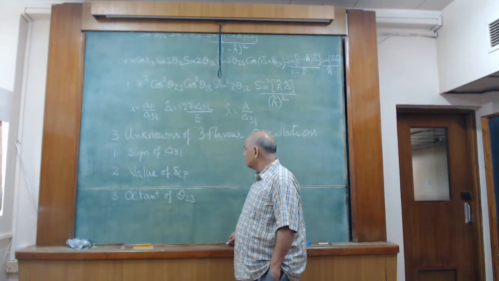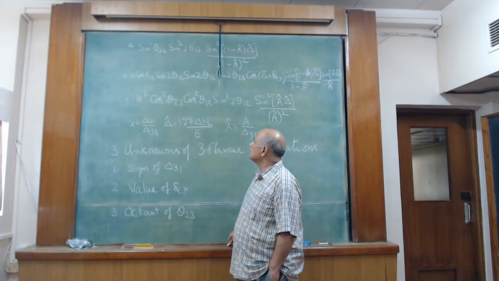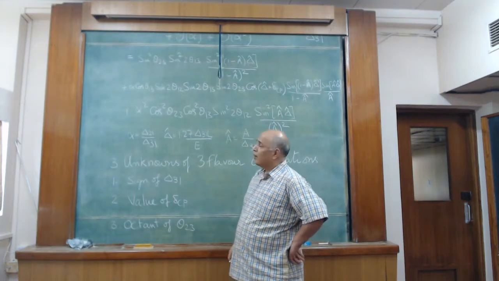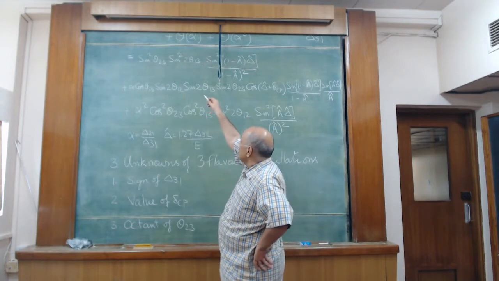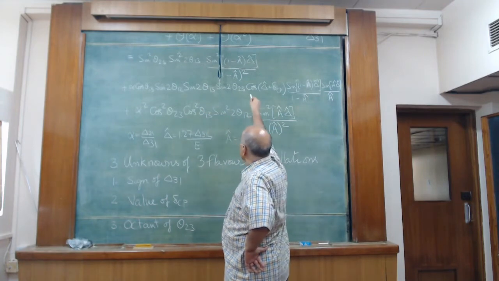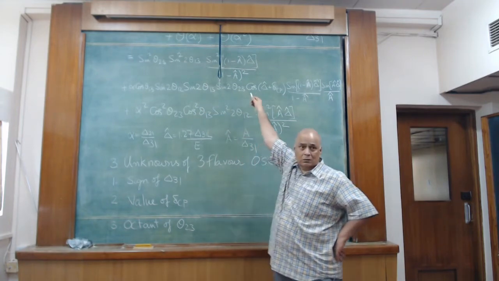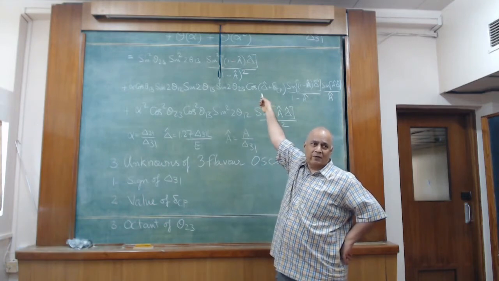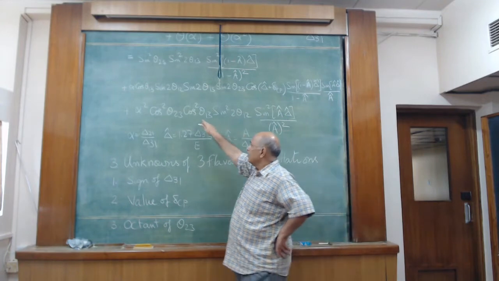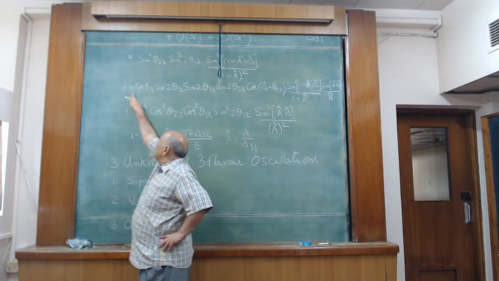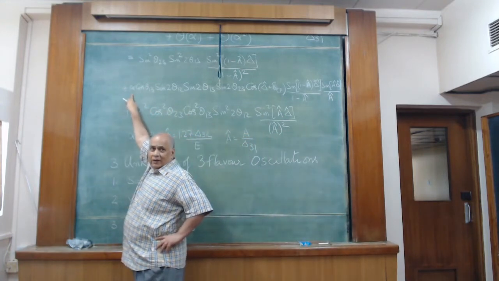But you see the problem. The first term contains sine square theta 2 3, and also it depends on sine of delta. Second term depends on sine of delta.